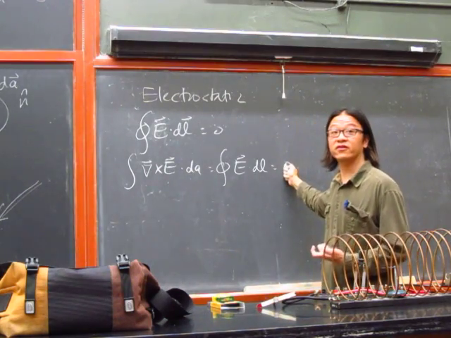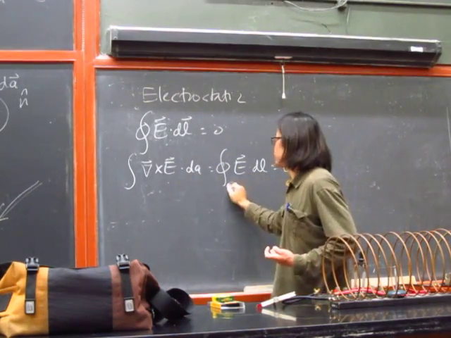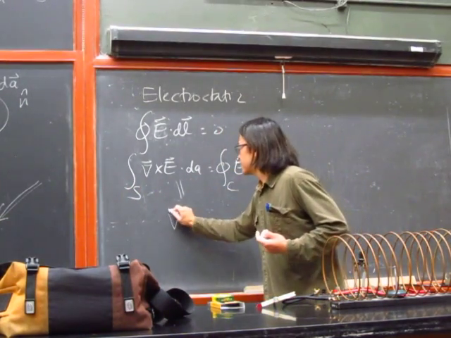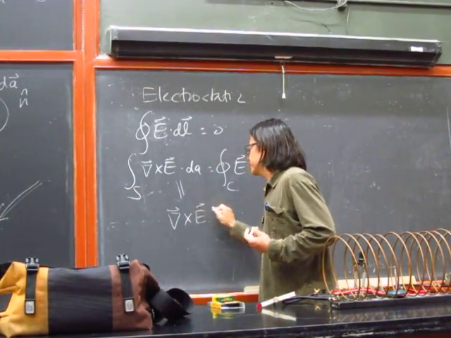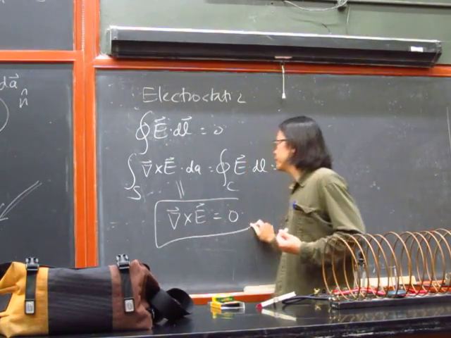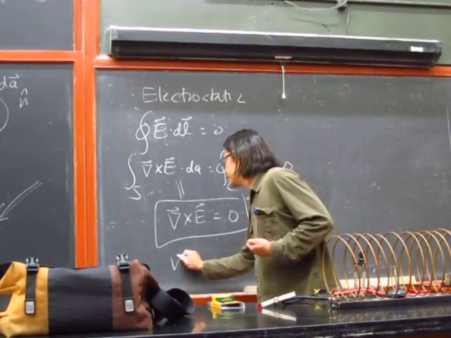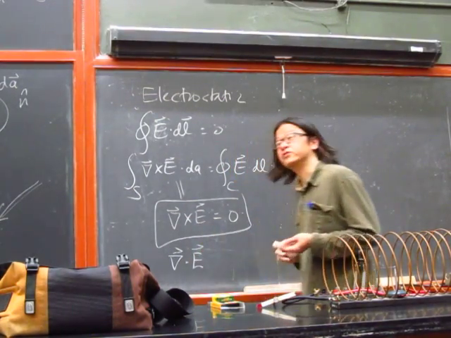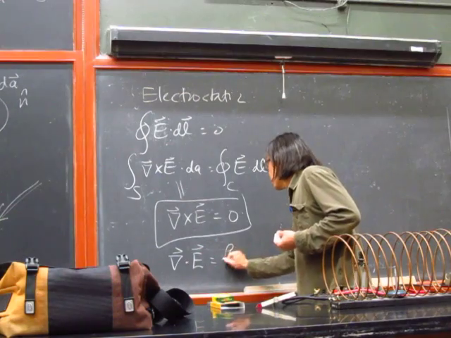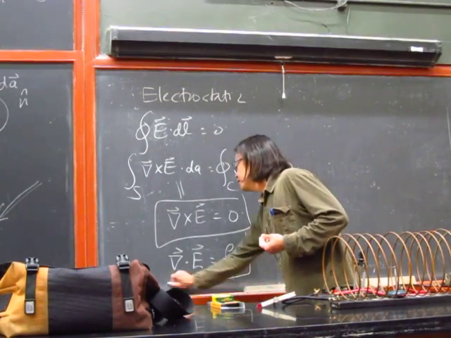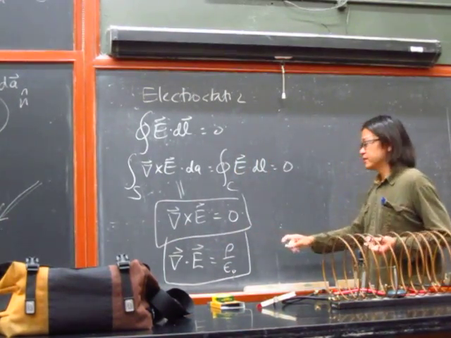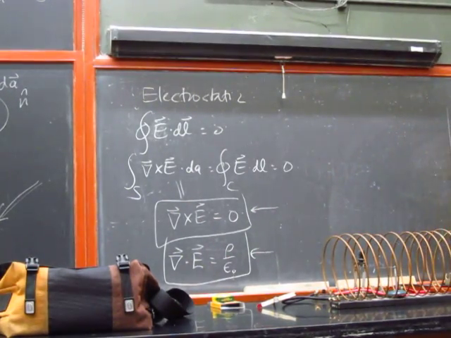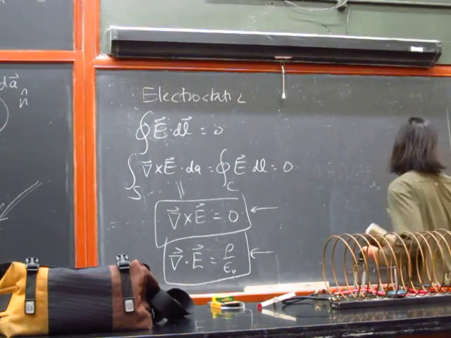It's always equal to 0, no matter what loop or surface you choose. Therefore, the curl of E is identically 0 in electrostatics. And the other equation for electrostatics, from Gauss's law, is that the divergence of E is equal to rho over epsilon naught. This is all there is to electrostatics. You're familiar with this equation, and now you know the other, differential, form of the equation.